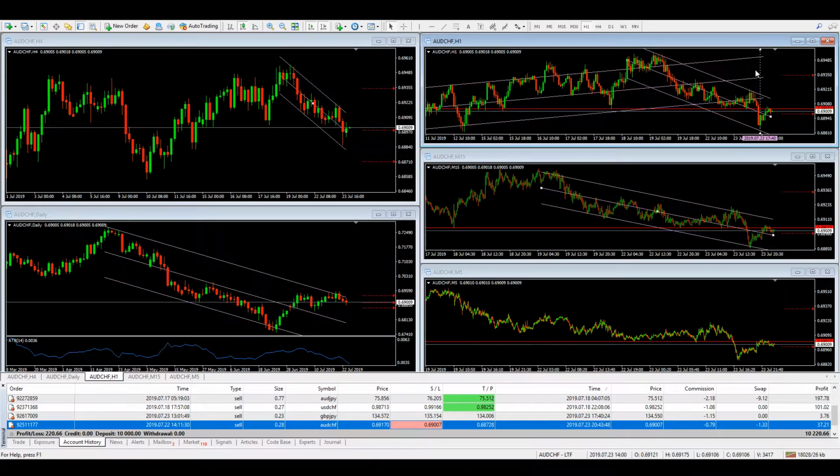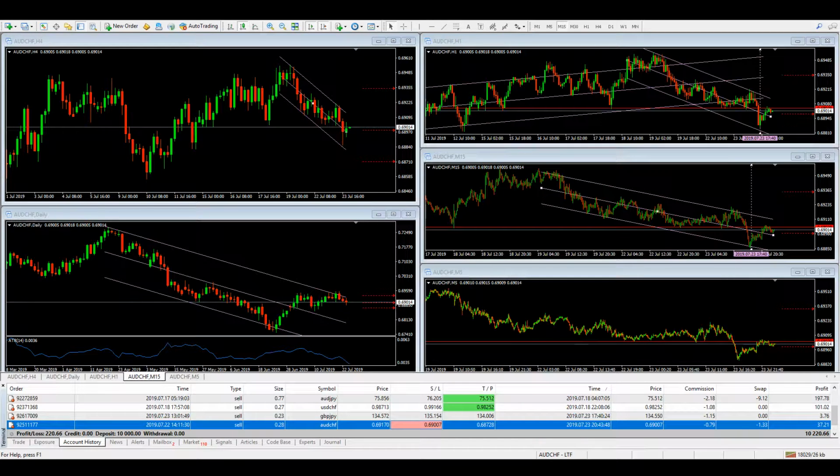So this purple line represents the time that I got out, and I'm also going to put this on the other time frames as well. This is the hourly and the 15-minute.